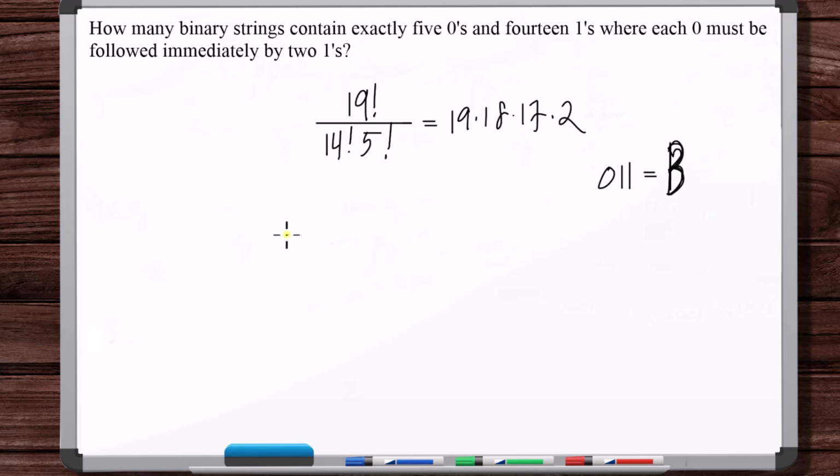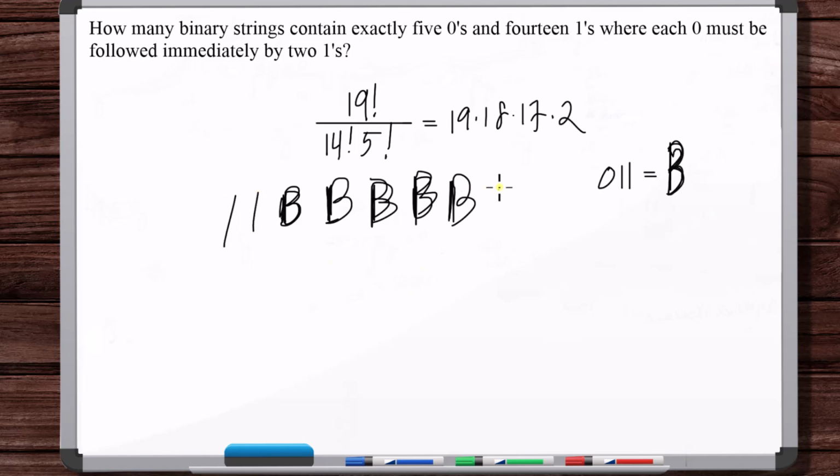So we've got B, B, B, B, B. Then we've got mixed in everywhere else, what are we left with? 5 times 2 is 10. So that's 10 of the ones gone. So we've got 4 ones left to work with.